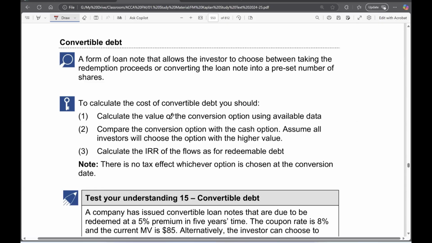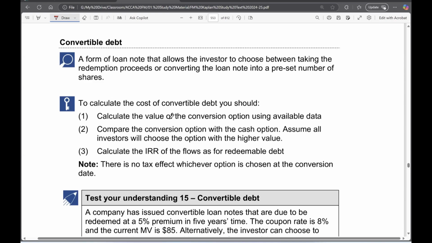Either the bondholder can redeem its money at maturity or convert its money into shares of the company. How many shares? It will be written very clearly in the bond certificate. So a convertible bond is the same as a redeemable bond, but here the bondholder has a choice between the redemption amount or conversion into shares.